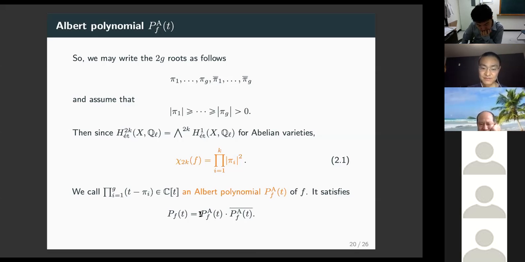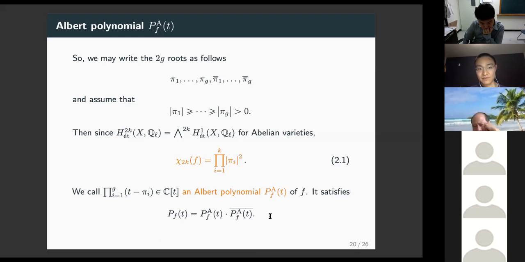In some sense, this Albert polynomial is a positive characteristic counterpart of the analytical representation of this map in characteristic 0.